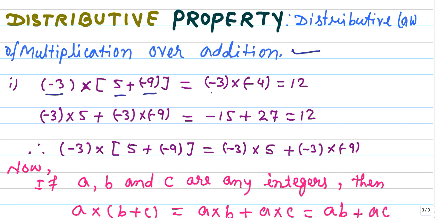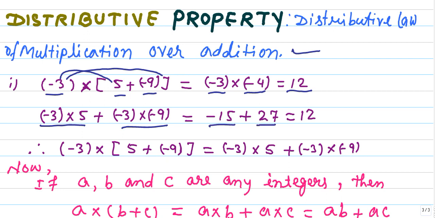Then we can calculate it. What do you get? Minus 3 into minus 4, we get 12. And then the second way, we can do it one by one: minus 3 into 5, and minus 3 into minus 9, which we have written here. It is distributed, no, one by one. So minus 3 into 5 plus minus 3 into minus 9, what do we get?